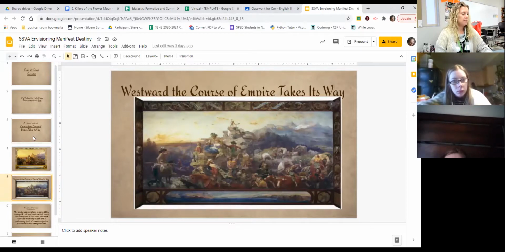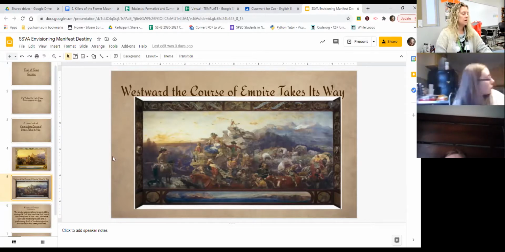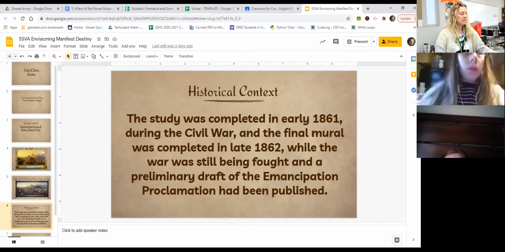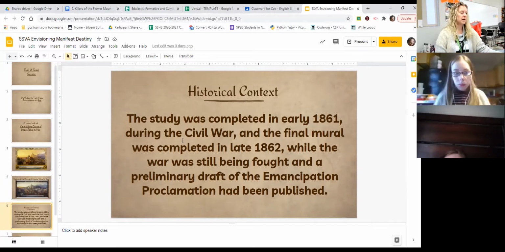This was highlighting the westward expansion, because while the Trail of Tears was all about relocating the Cherokee Native Americans, it was also about the westward expansion. There was a study done on this mural, and it was completed in early 1861 during the Civil War, and the final mural was completed in 1862 while the war was still being fought.